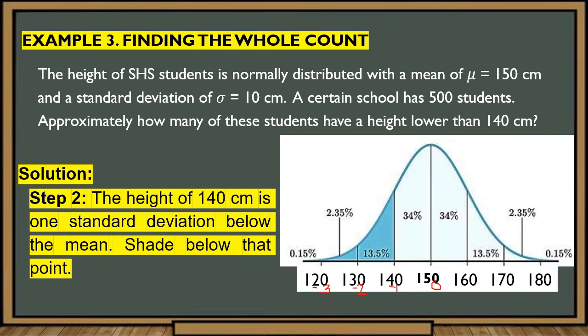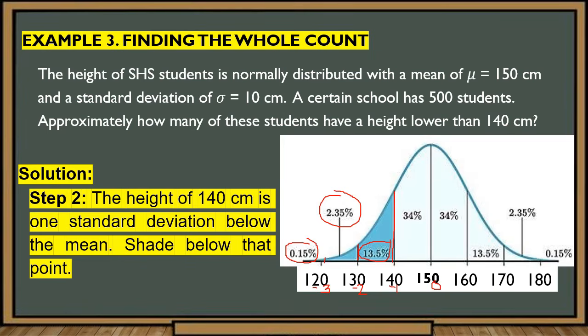So, from negative 1 to negative 2, the percentage na sakop ng region na yan, from here to here, is 13.5%. And from negative 2 to negative 3, ang sakop niya, ang region niya comprises 2.35% of the data, and from negative 3 onwards hanggang dito, it comprises 0.15% of the data.